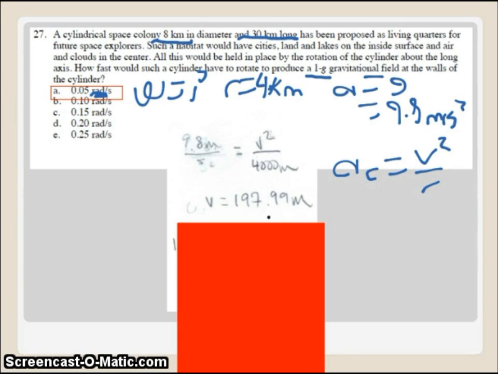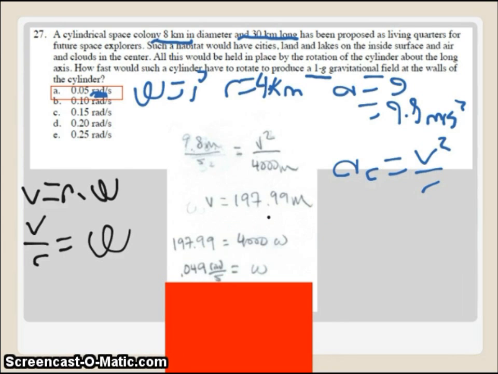Now what you also know is that v is equal to r times omega, and so v over r equals angular velocity. And so all I have to do is plug all that in and solve, and you get 0.49 radians per second, and that is about 0.5 radians per second.